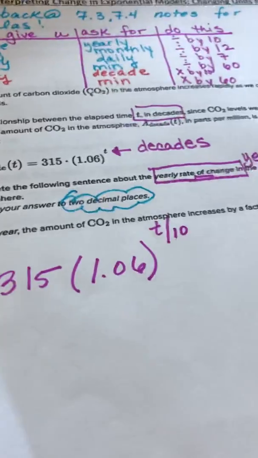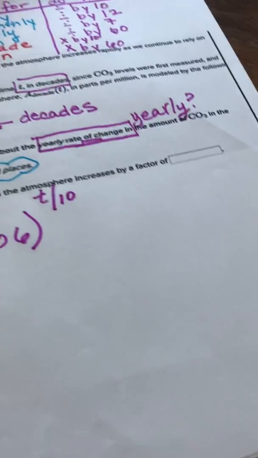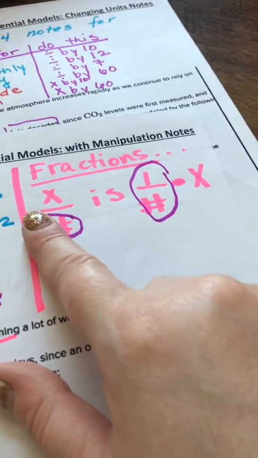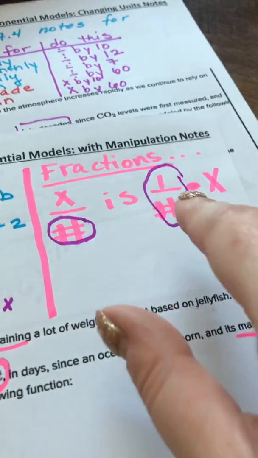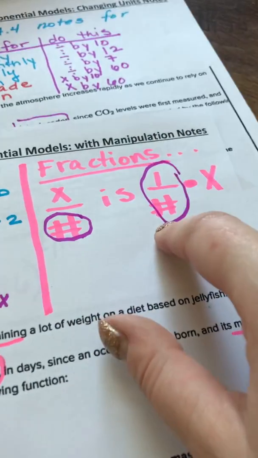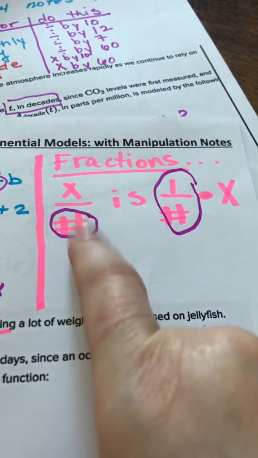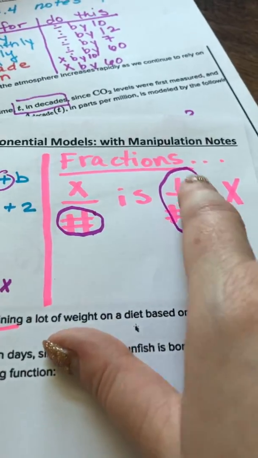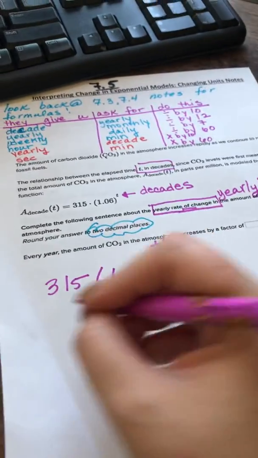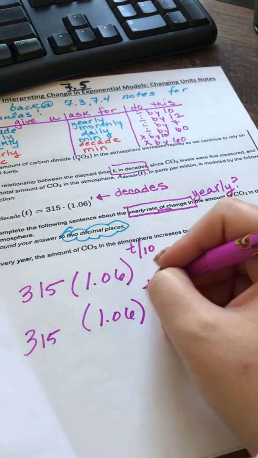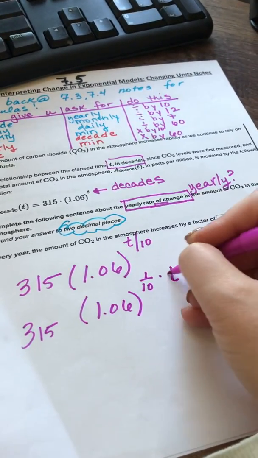And if you remember from 7.4, we talked about how to make a fraction with a letter on top into 1 over that number times the letter. So that's what I'm going to do here. I'm going to separate the 10 into 1 over 10. So this is going to change to 315 times 1.06 to the 1 over 10 times t.